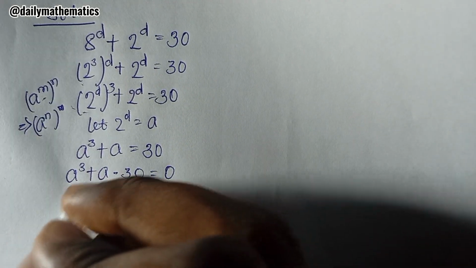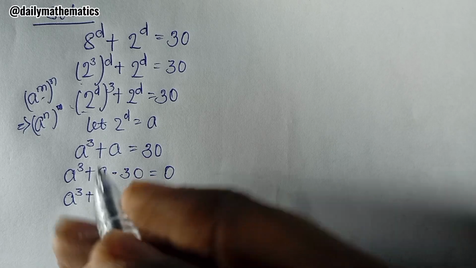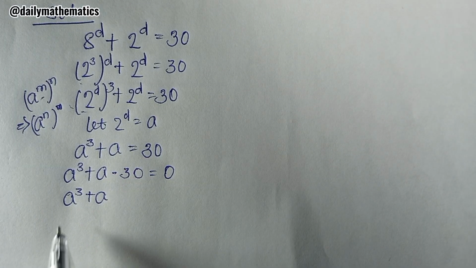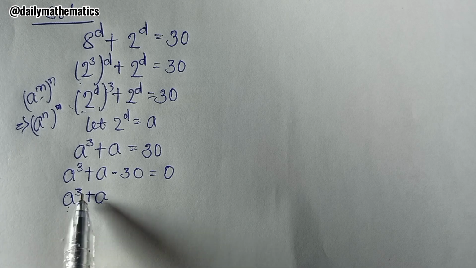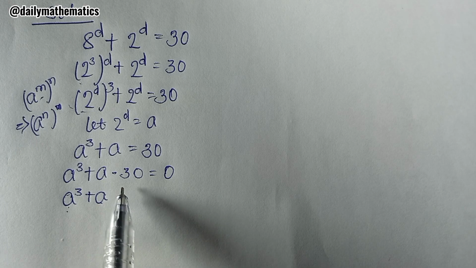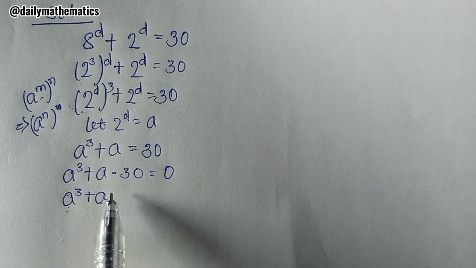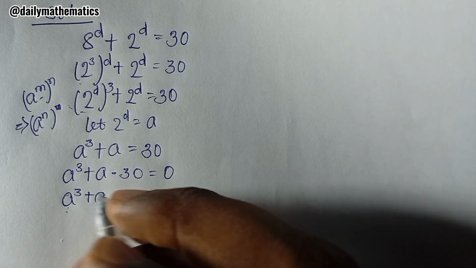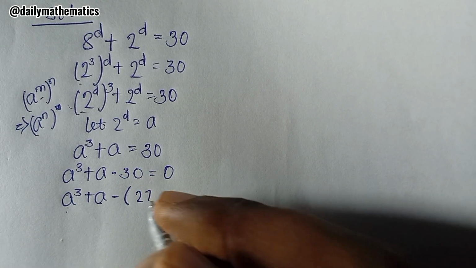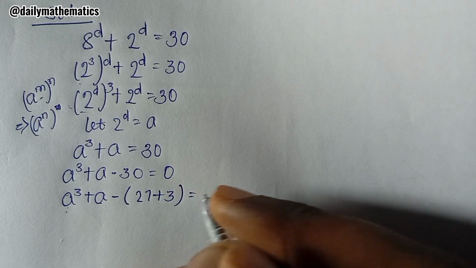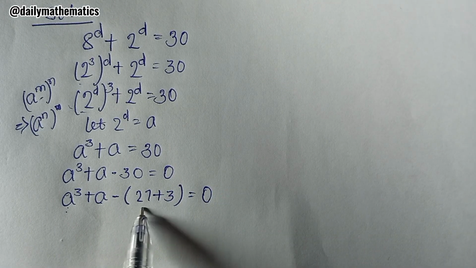Now we can see a cube and a single number. So we can make this 30 a perfect cube and a single number. How? We can have minus 27 plus 3 equals 0. As you can see, 27 is a perfect cube.